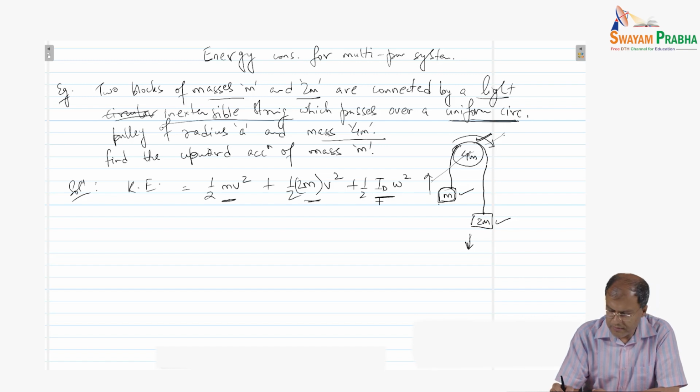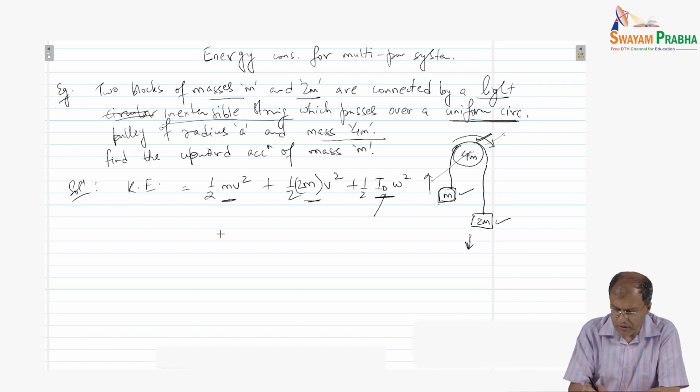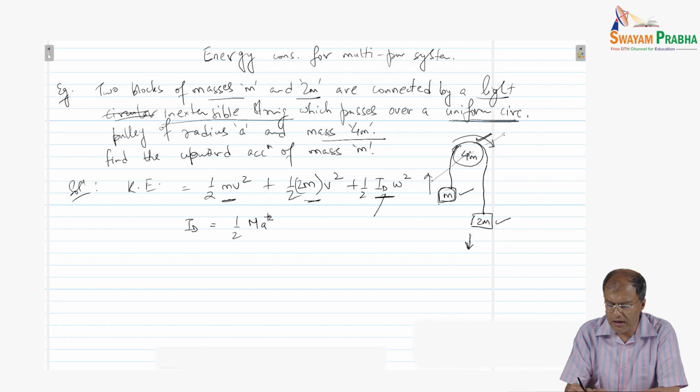So to find the kinetic energy of the disk, we need to find the moment of inertia. The moment of inertia of the disk along the central axis is half times the mass of the disk times the radius of the disk square. Now this capital M is 4m, so this is half times 4m times a square, which is 2m a square.